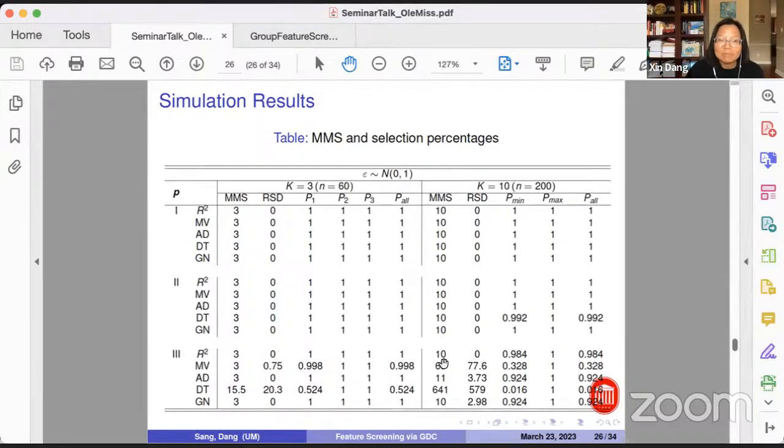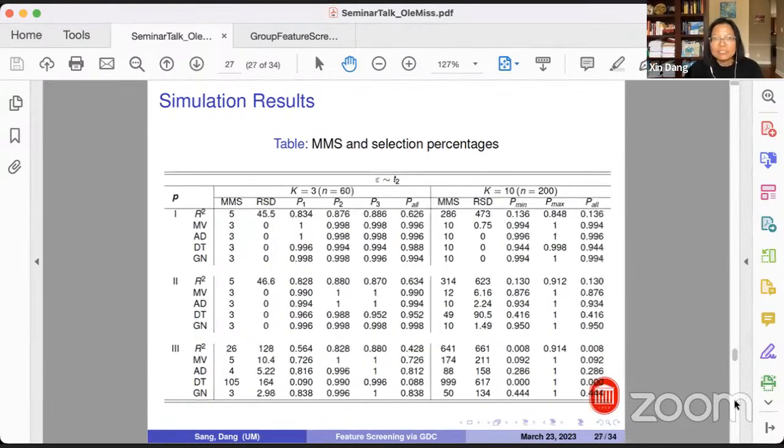R square does best because it is linear discriminant analysis, with only a location difference and normal error, so R square is optimal. All the methods are close to the best one.